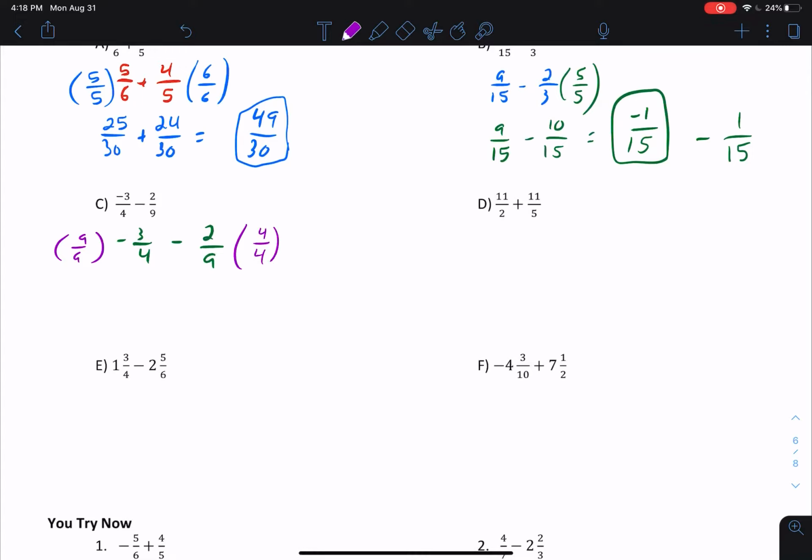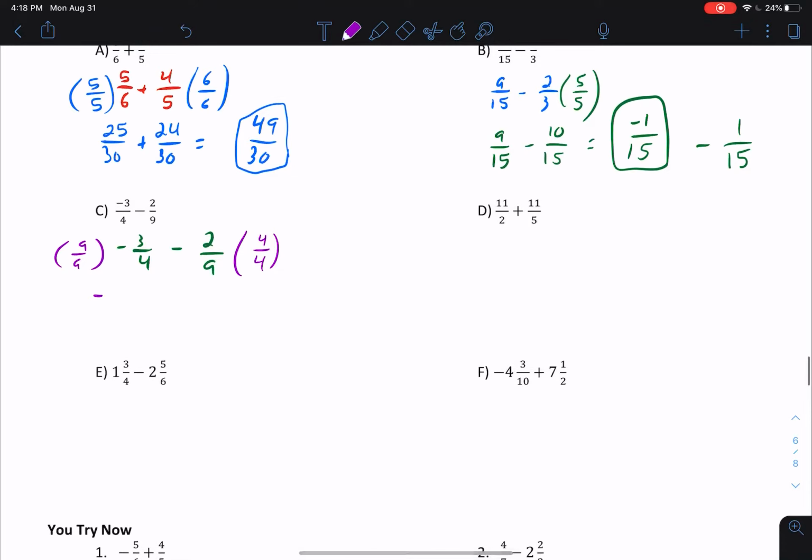That's going to become negative 27 over 36 minus my second fraction is going to become 8 over 36.